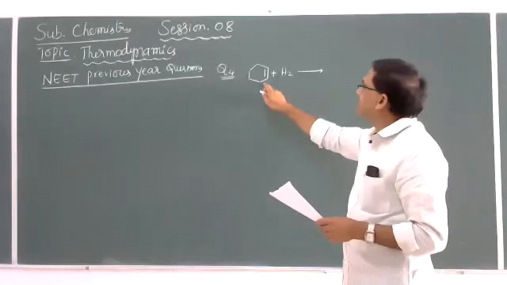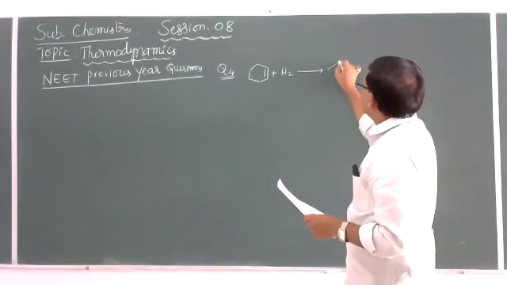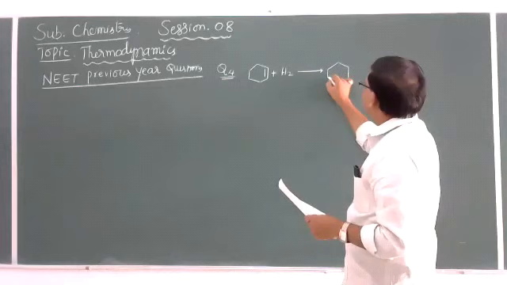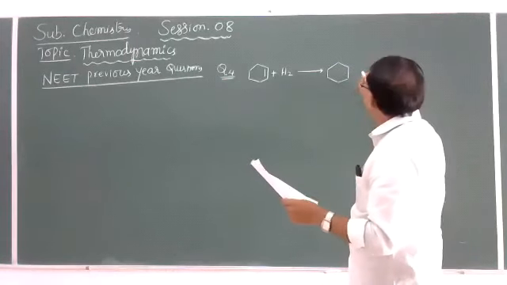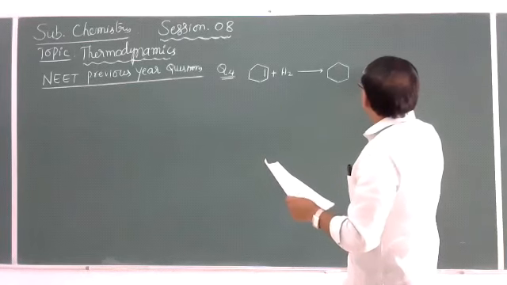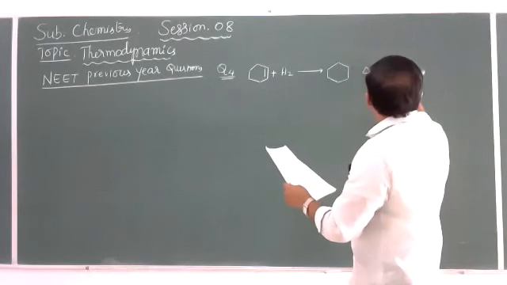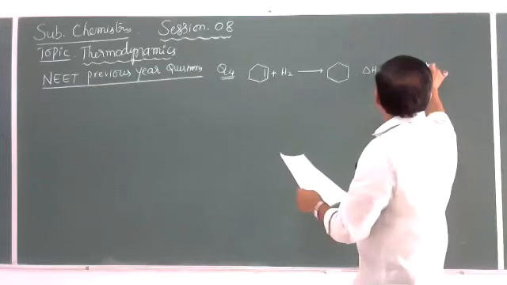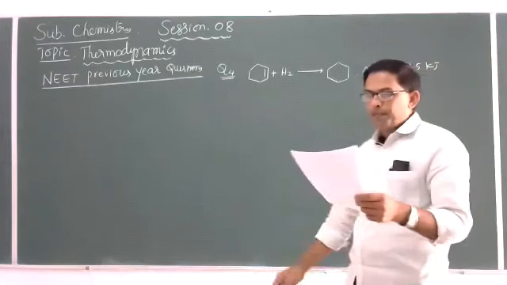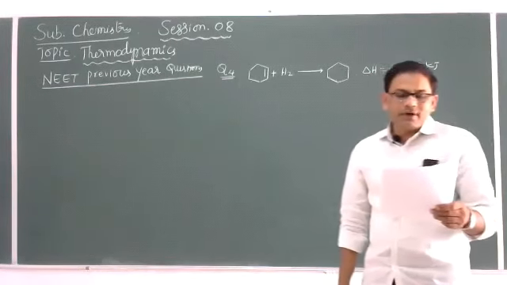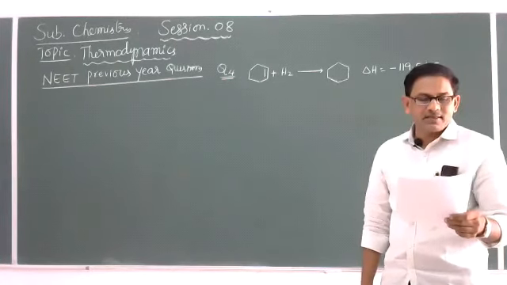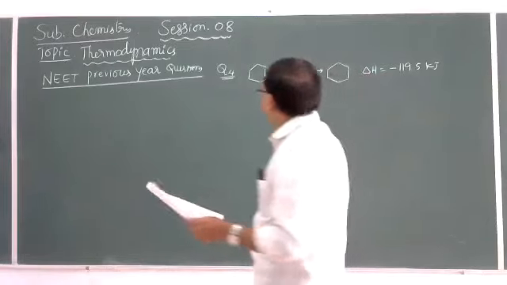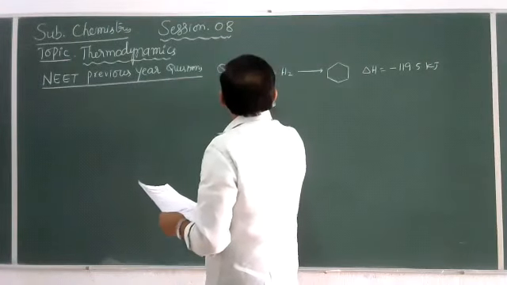Cyclohexene gives cyclohexane. So this hydrogenation energy, delta H, is equal to minus 119.5 kilojoules, given. If the resonance energy of benzene is given, then its enthalpy of hydrogenation would be?